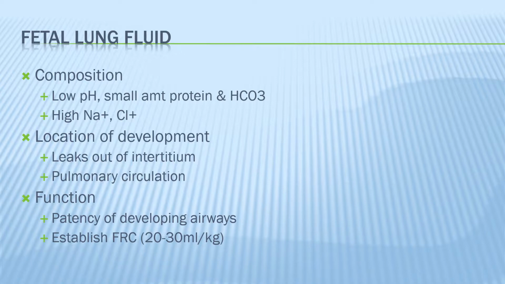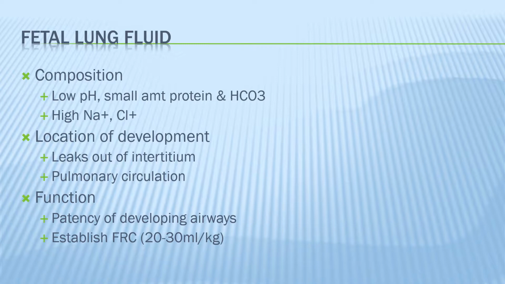This happens because chloride ions pass into the epithelium, and the electrical potential difference causes the fluid to flow out of the cells. So it secretes about 250 to 300 milliliters of fluid per day from this interstitium, and this is always occurring as the lung tissue develops. The function of this fluid is to maintain the patency of the airways and keep them compliant while they're developing.